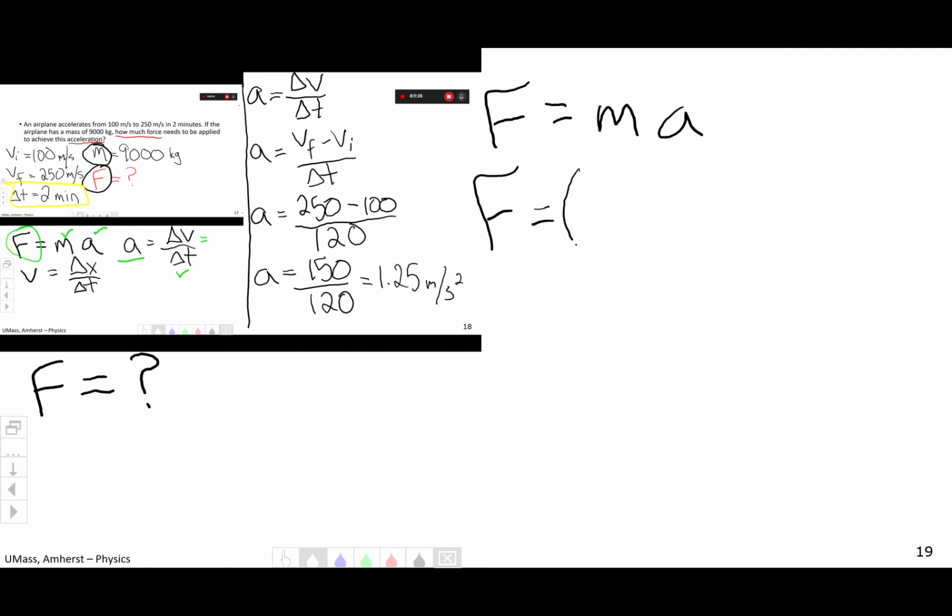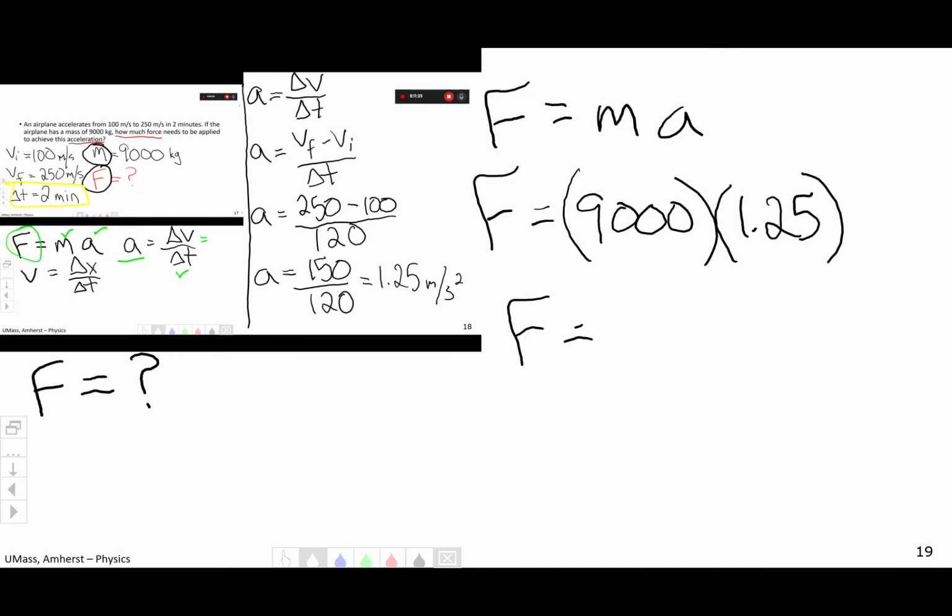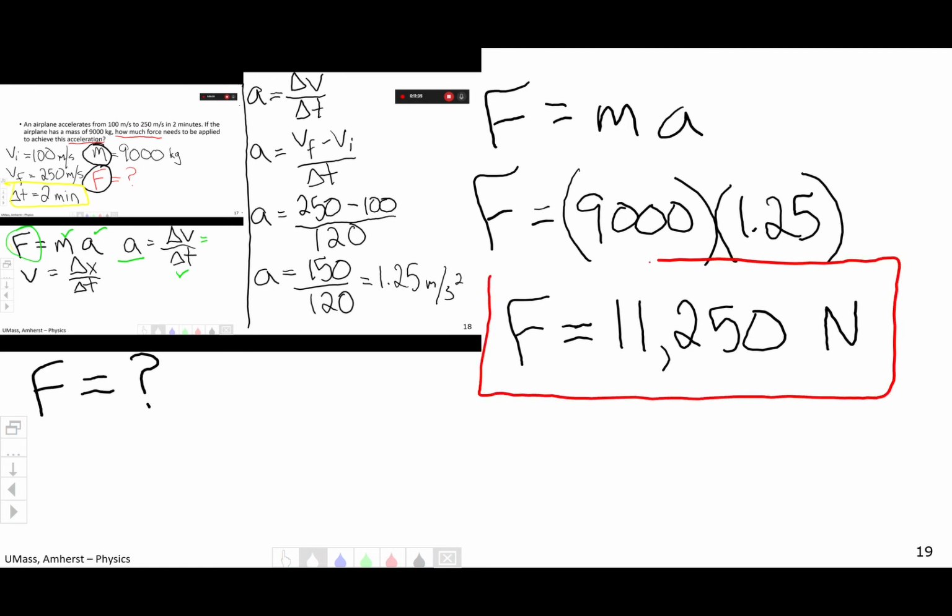Force equals our 9,000 kilograms times 1.25 meters per second squared, and we end up with 11,250 newtons of force. Have we answered the problem that we were originally asked to find? Yes, we have. So we are done.